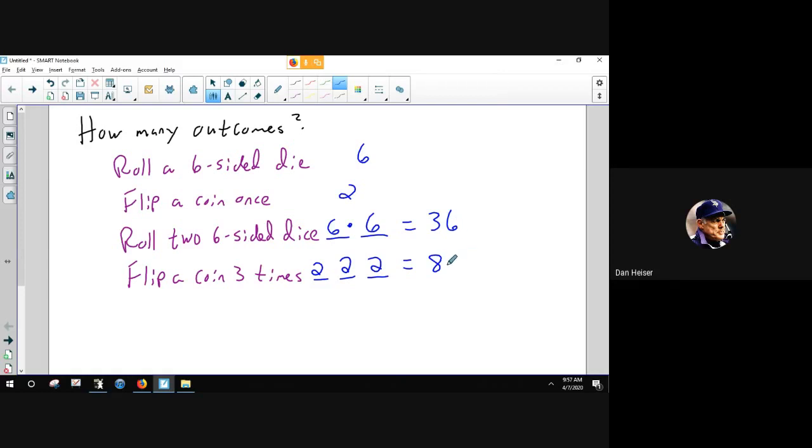Flip a coin 3 times. Count the number of unique possibilities: 8. This is one of the main focuses of our unit, because if we can count things, we can then calculate how likely certain things can happen.